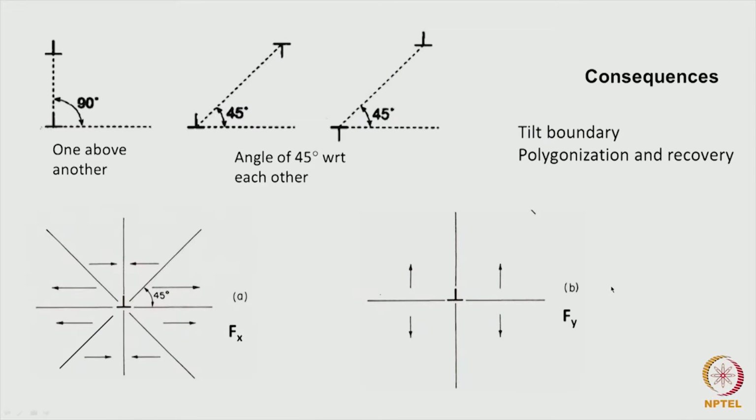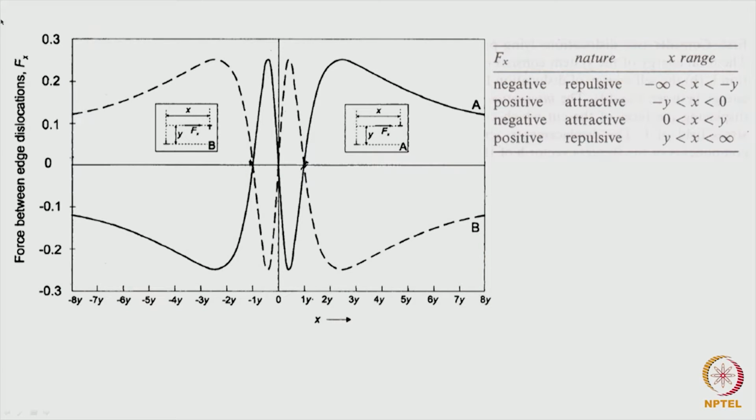Suppose the two dislocations have different Burgers vectors. One is positive and another is negative. Then the force directions will change. That is what is being shown in the other curve, A and B correspond to that.